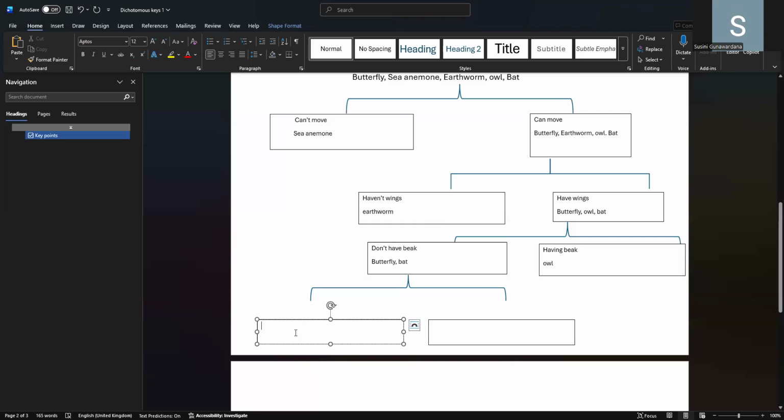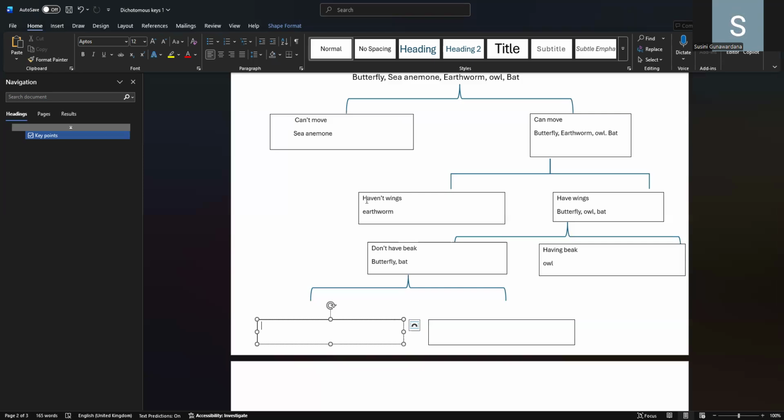If you think about butterfly and bat, butterfly has more than 2 legs. Bat has only 2 legs. Another important thing, butterfly has 4 wings and bat has 2 wings. Actually, in previous characteristics we talked about the wings. So we can take legs, which we didn't mention. Or else, there are other important things.